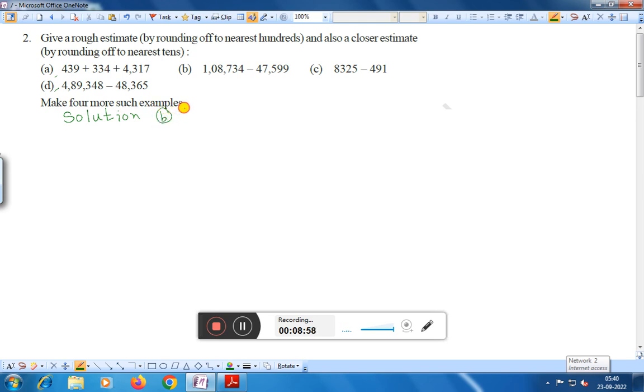B is 12,08,734 minus 47,599. Now first of all, we will get the answer by rounding off to nearest 100.